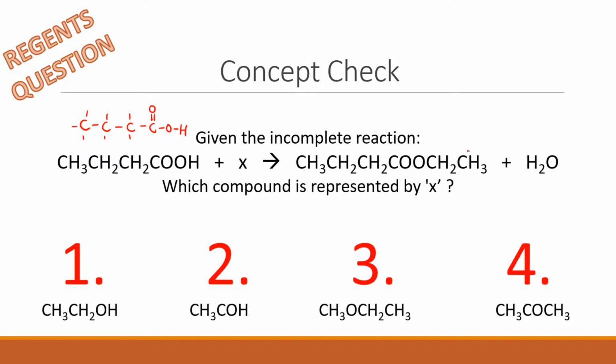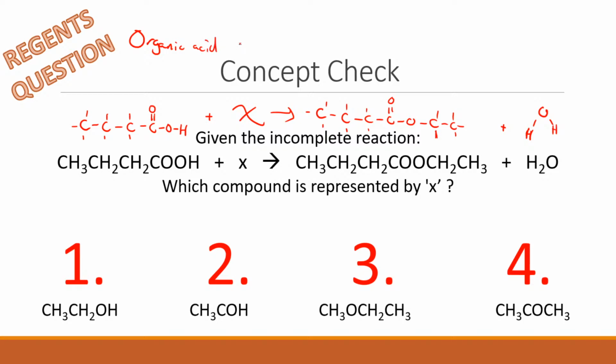I draw this out and I say, that is an ester. And I made water. I know from class that in this kind of reaction, it's an organic acid plus an alcohol that makes an ester and water.